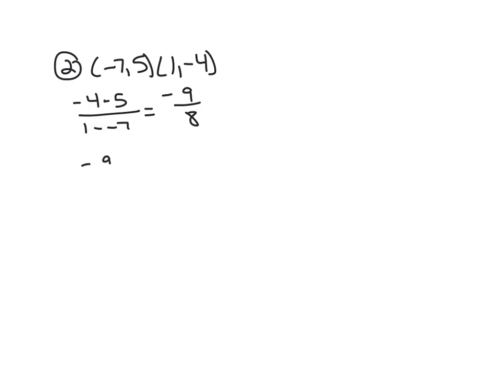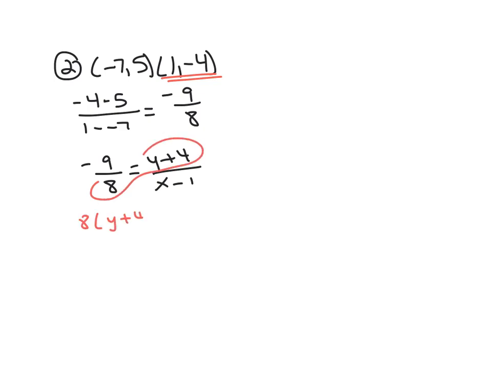Then negative 9 over 8 equals, and this time I'm going to do the second ordered pair, y plus 4 over x minus 1. Cross multiply just like you did last week: 8 times y plus 4 equals negative 9 times x minus 1.